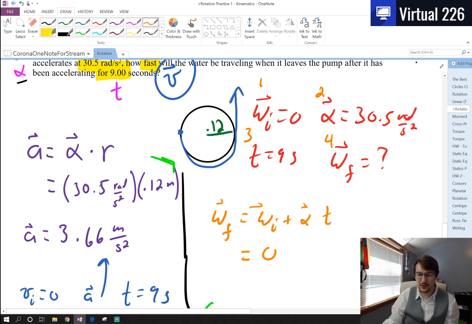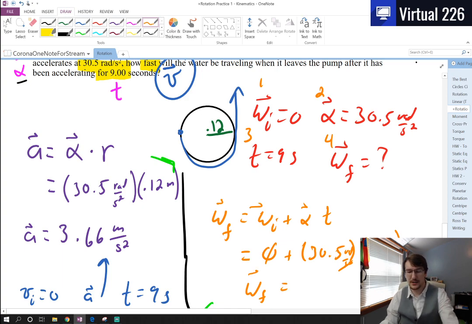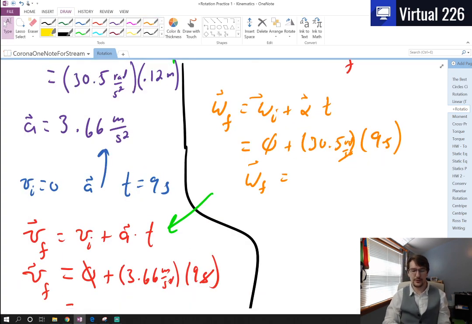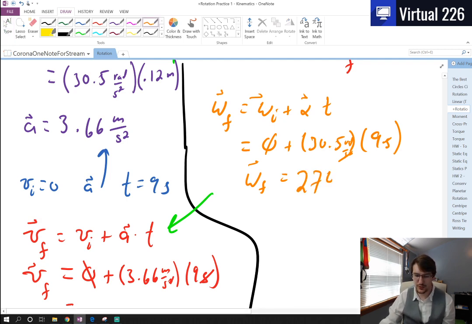Omega I is 0, so when we add the 30.5 times 9 seconds here, and that's rads per second squared, one of the seconds go away, and we get that the final omega here is equal to 274.5. And that's radians per second.